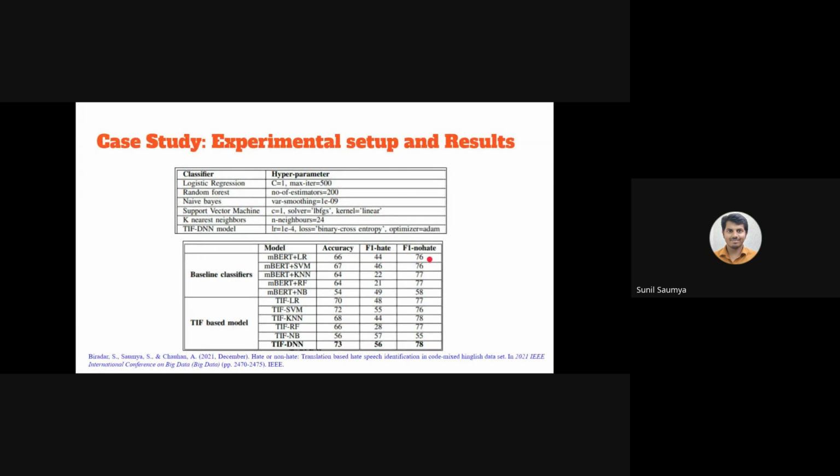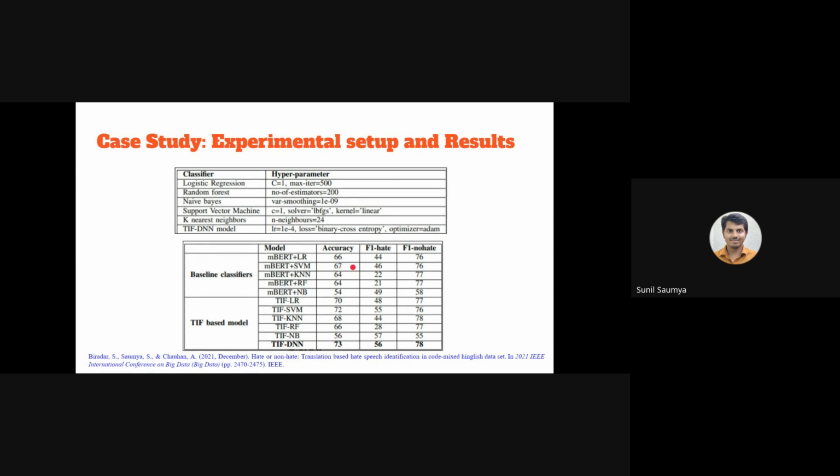The F1 score was 76 and the accuracy was around 66. Similarly for mBERT plus SVM it was 67, and you can see how the accuracy changes for the other models. With the raw data, the best accuracy was 67%, from the support vector machine.